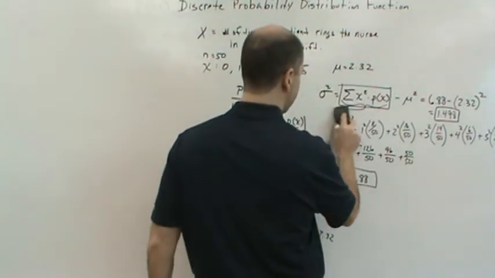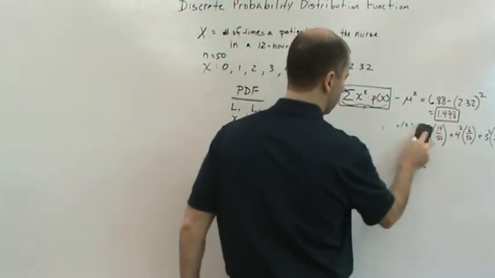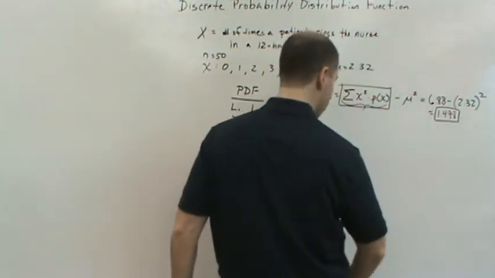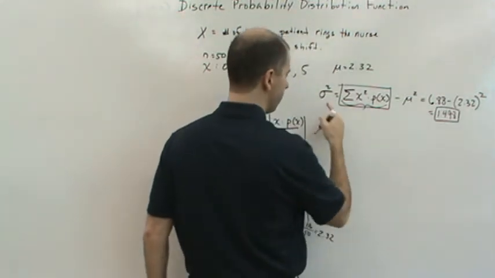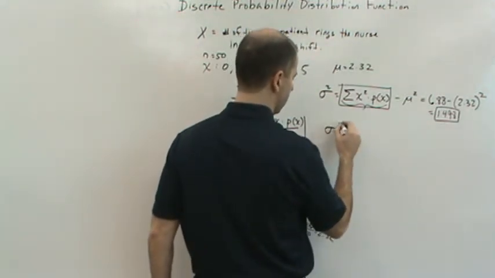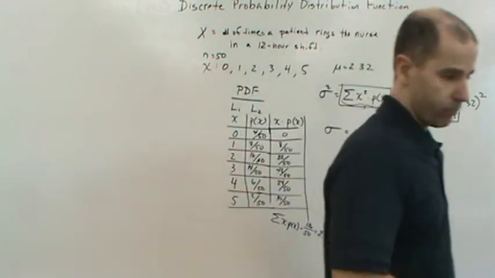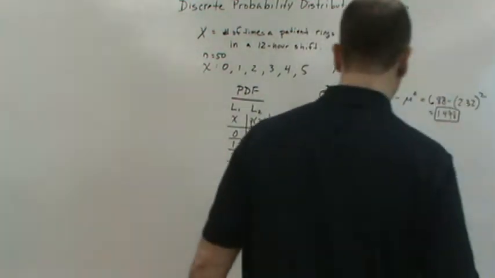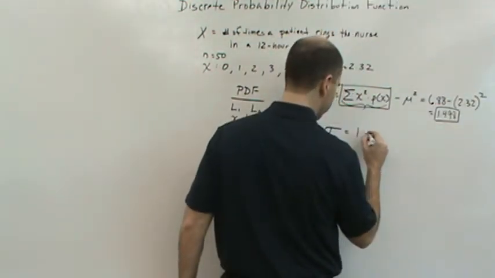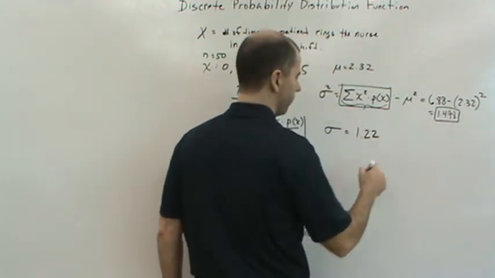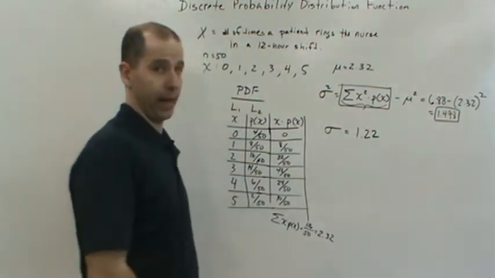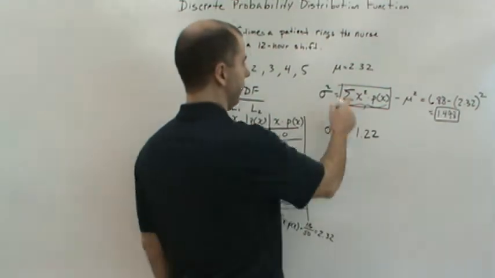So in the end, we get a standard deviation of 1.22, and the variance is 1.498. Okay, and there's the mean.